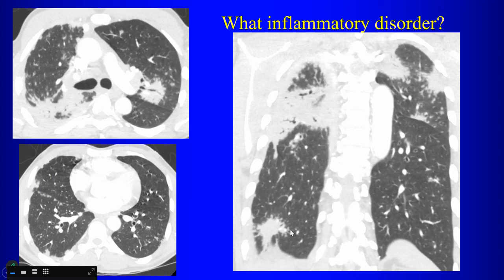What other finding here suggests sarcoid? Not just subpleural, but the distribution of the nodules, right? So what do we call that distribution? There's subpleural, right? What do we call this distribution? Perilymphatic, right? There's a perilymphatic distribution of nodules here with these alveolar opacities.